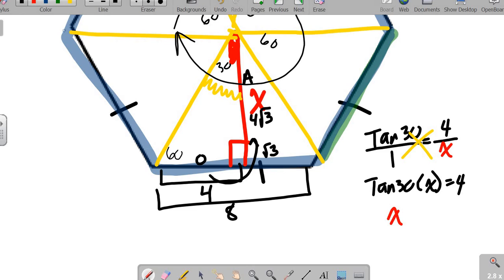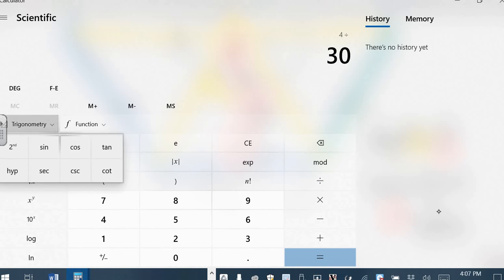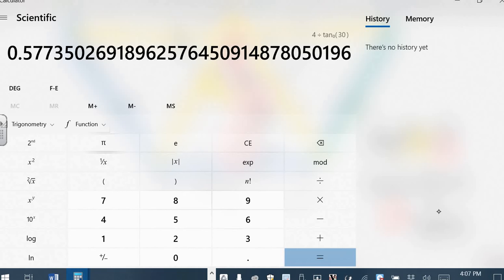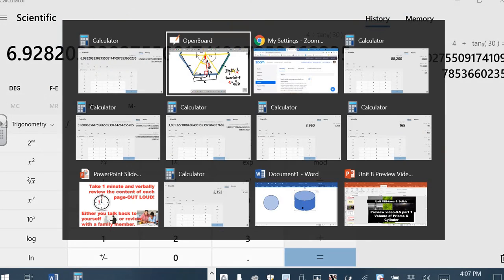And x would equal 4 divided by the tan of 30. Just so you can see how that works. 4 divided by the tan of 30 gets me 6.9.